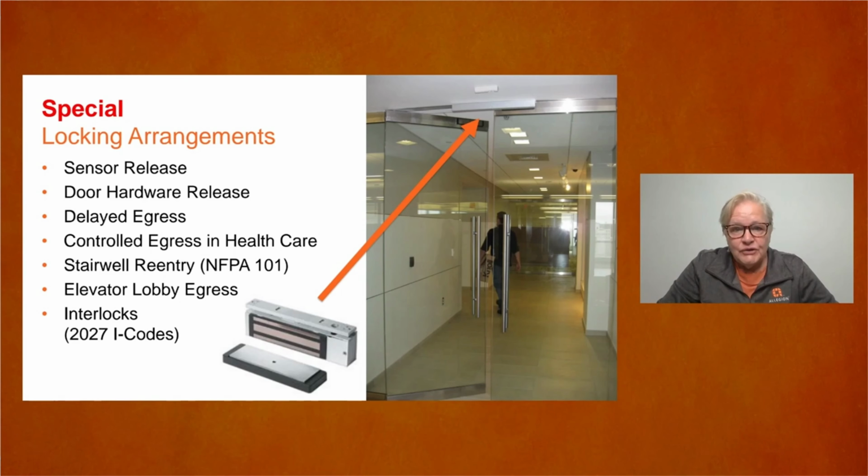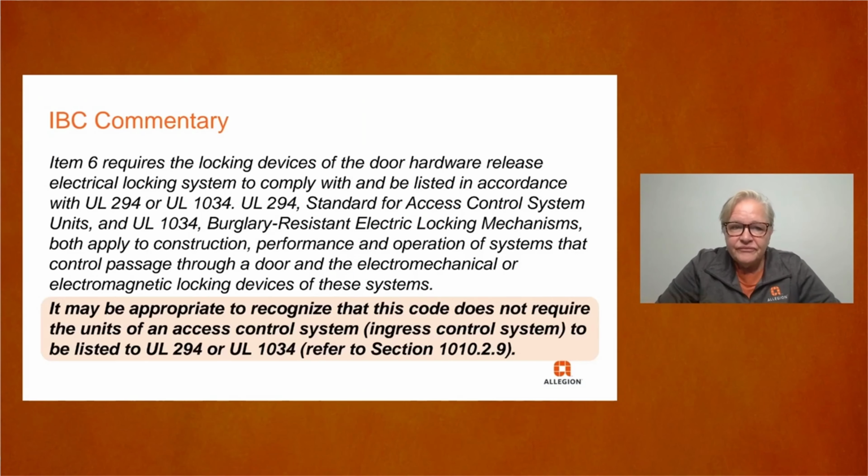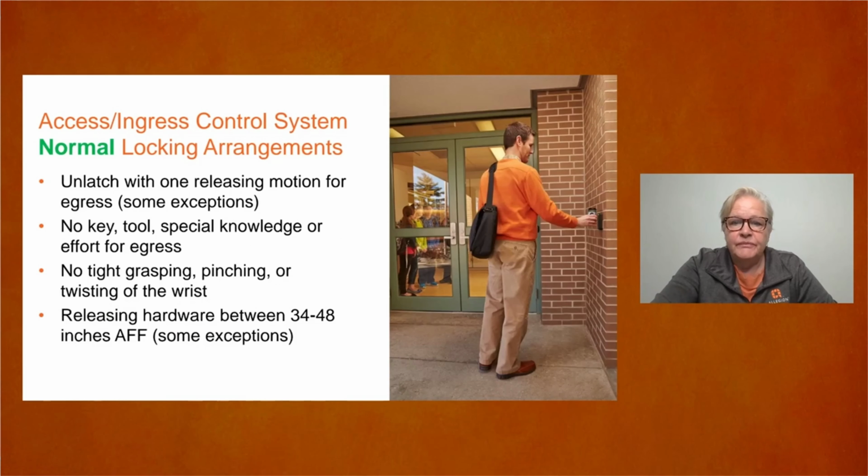So there's been a code change that I'm going to talk about. But remember, in each section of the IBC commentary where it talks about UL 294 and UL 1034, it references those access control doors or our normal locking arrangements, and it says that the listing requirements don't apply to those.